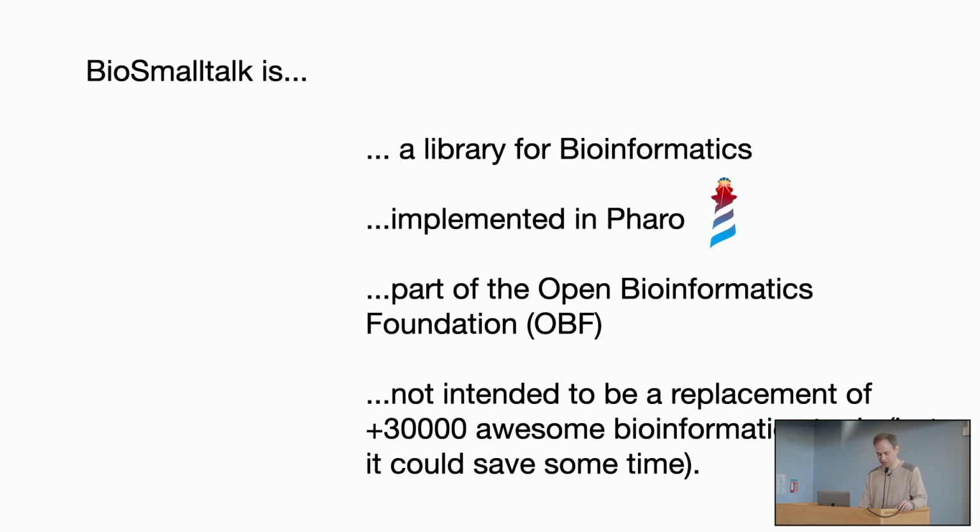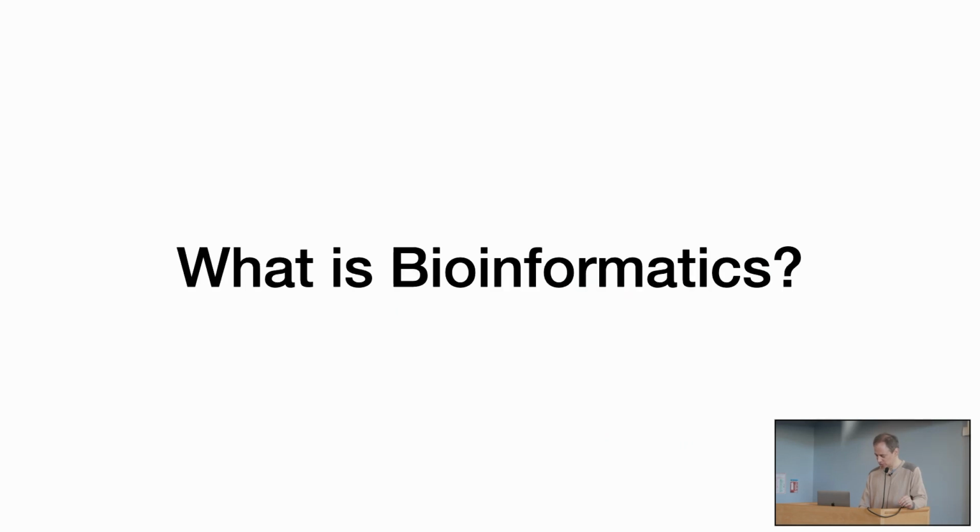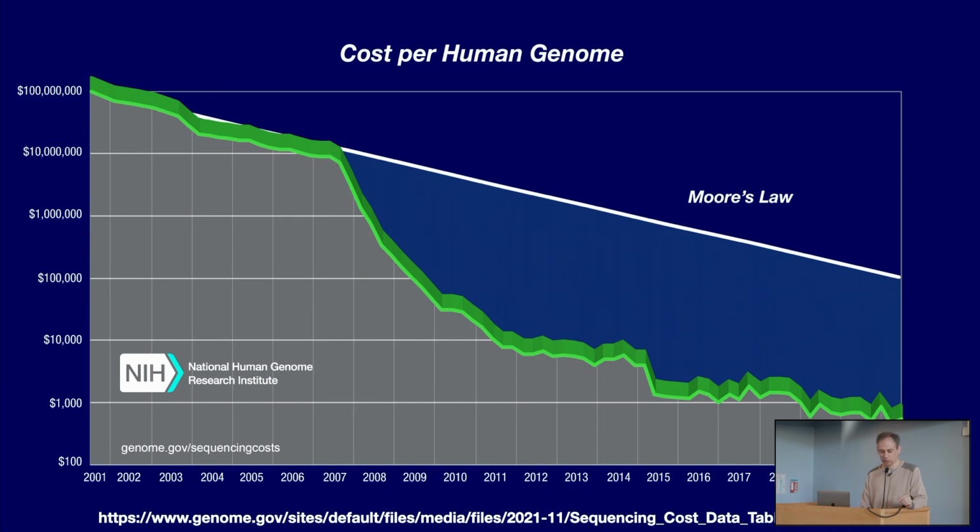So the area has a bit of context, which was the development of the Human Genome Project. And I really like this graphic because it shows what happened after the partial completion of the human genome.